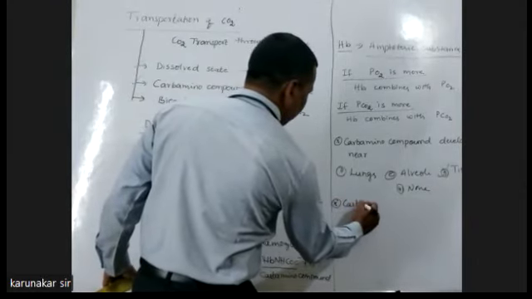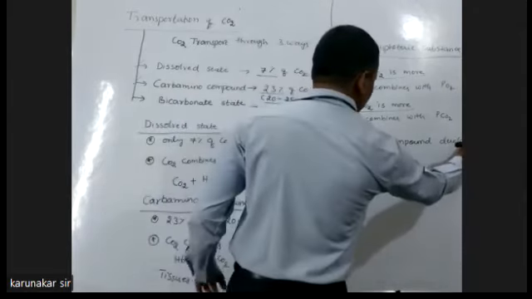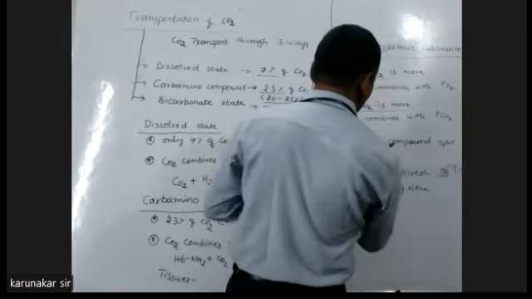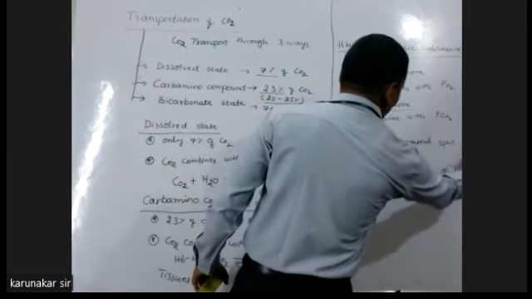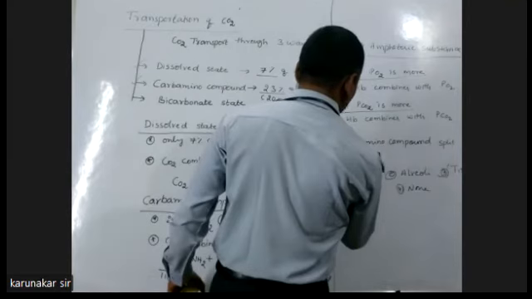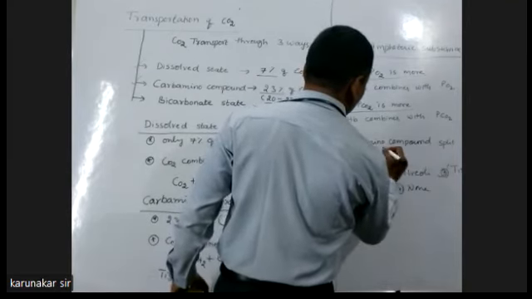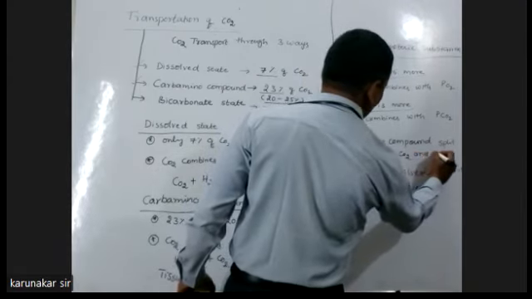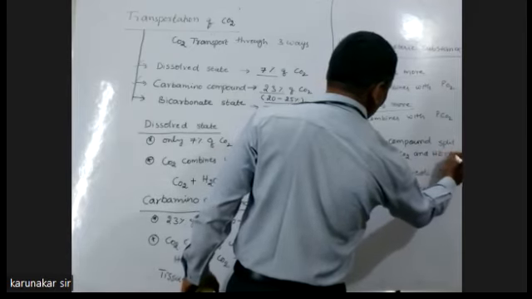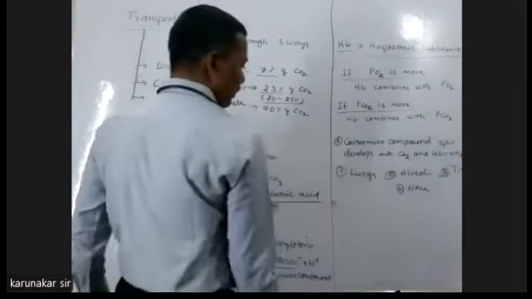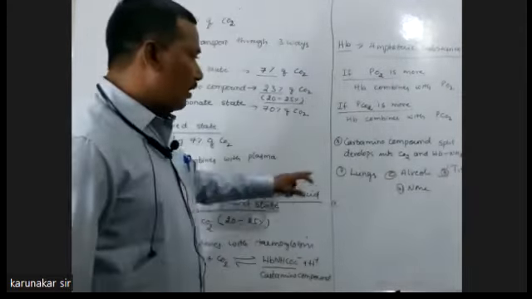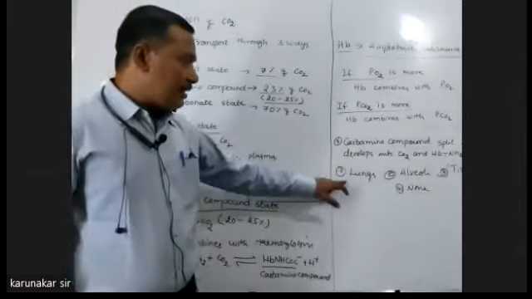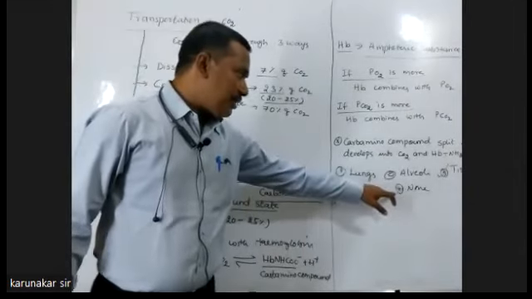Carbamino compound splits and develops into CO2 and HbNH2 at: lungs, alveoli, tissues, or none.